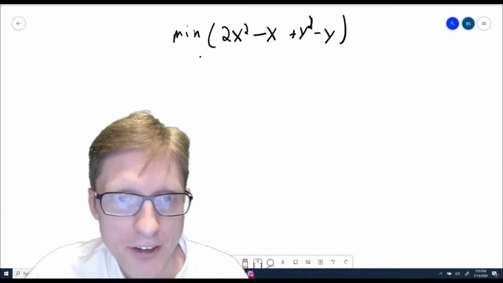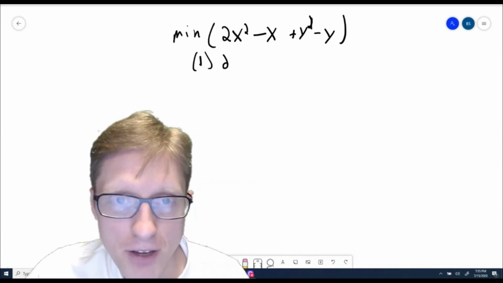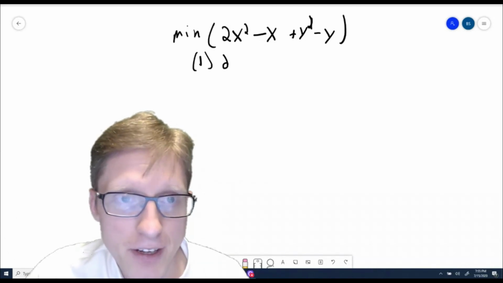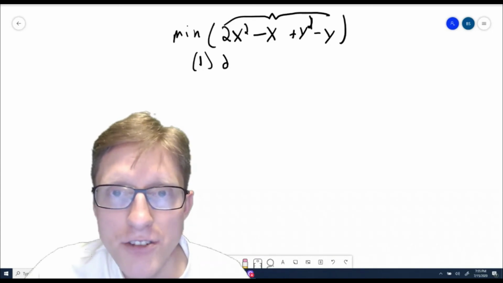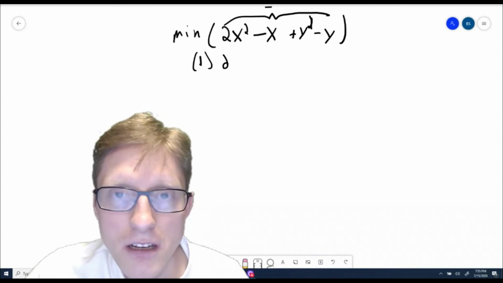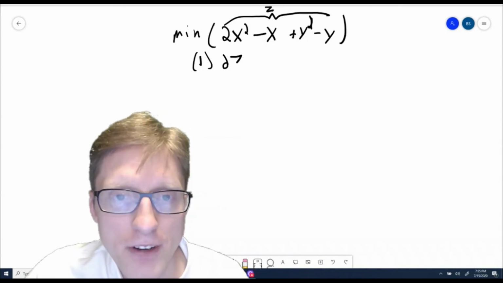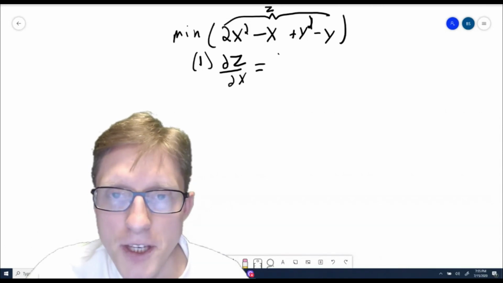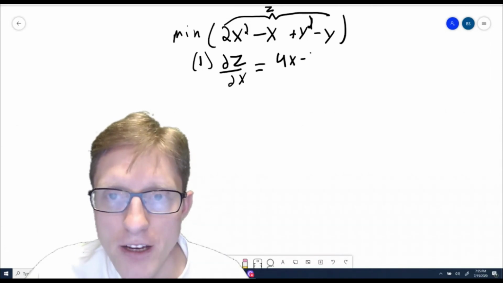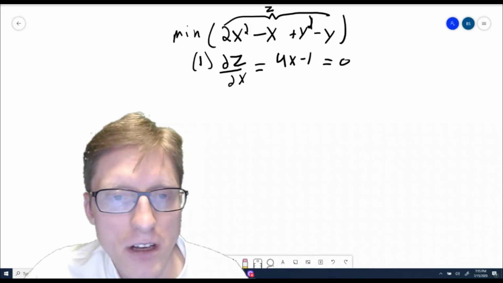And the way we're going to do that is we're going to take the two partial derivatives. We're first going to take the partial derivative. Let's call this whole function here z. Take the partial derivative of z with respect to x, and that's going to be equal to 4x minus 1. And we set that equal to 0.